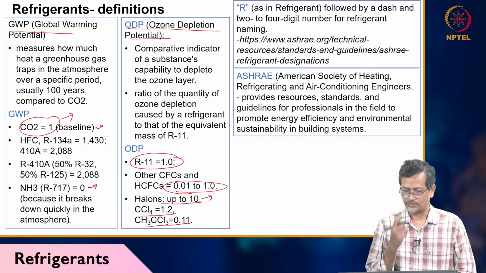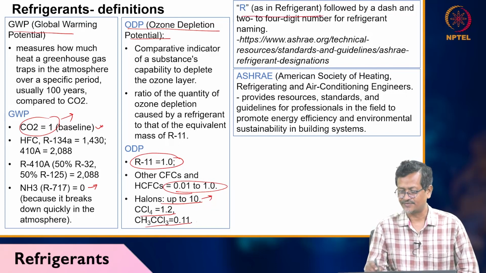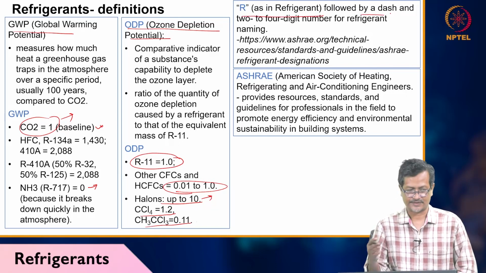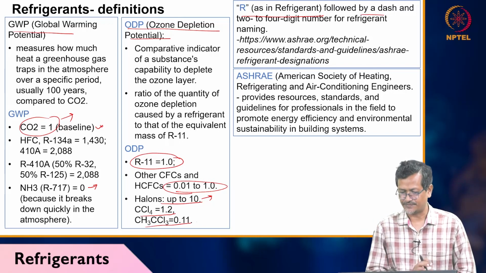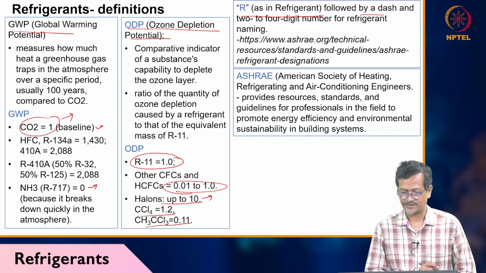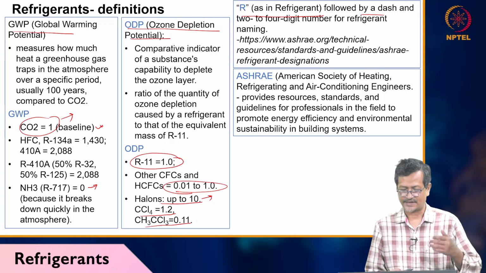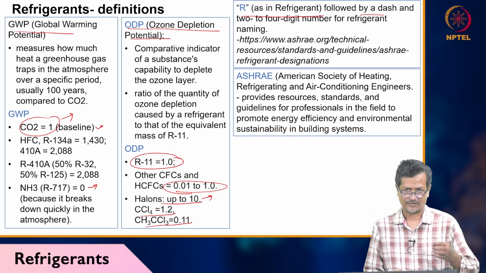Here it is written R as a refrigerant, followed by a dash or some other points. So the refrigerant name will be like R dash some number. Normally the naming, ozone depletion potential (ODP) and GWP are all decided by ASHRAE. If you go to the ASHRAE website, they have all this criteria, the naming of refrigerants, and lots of information.